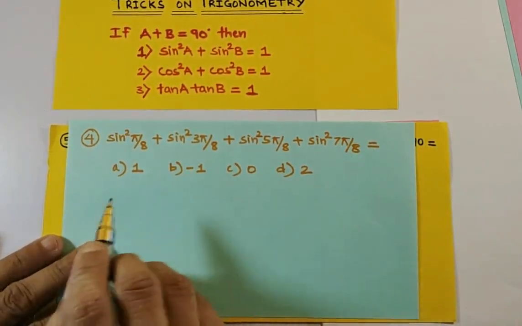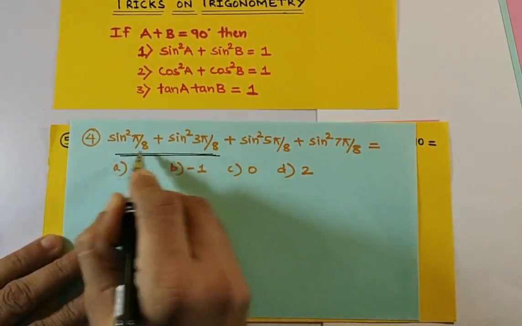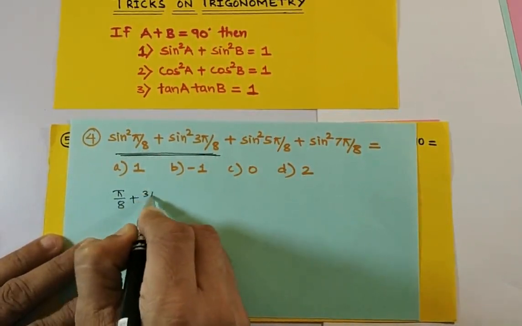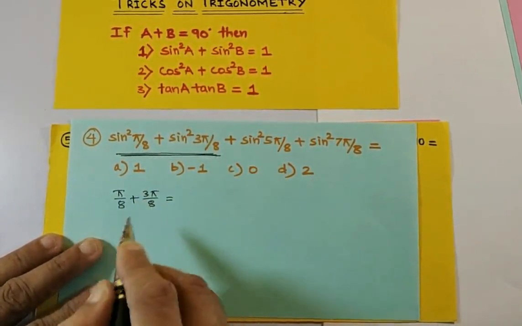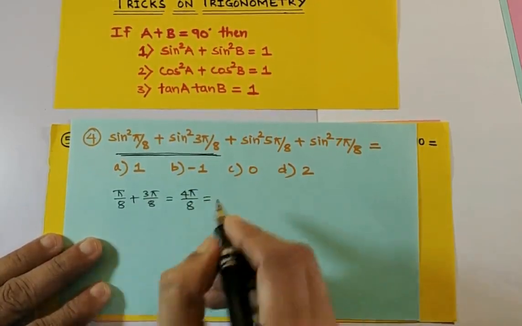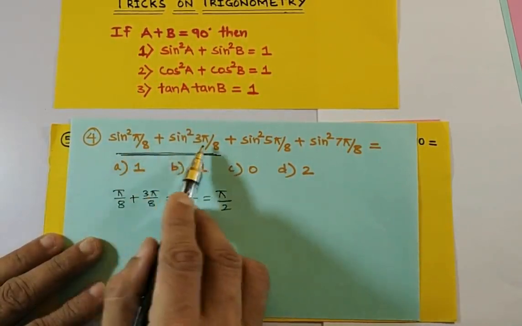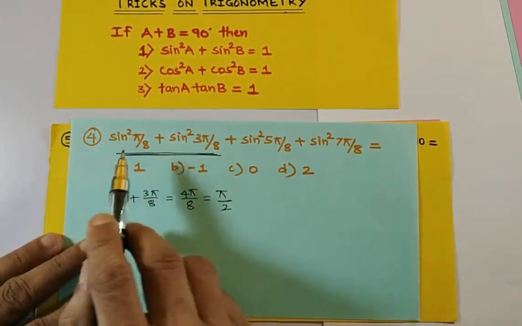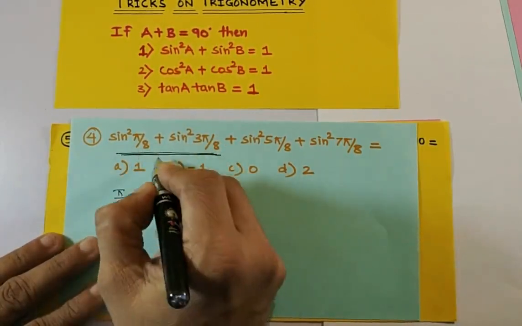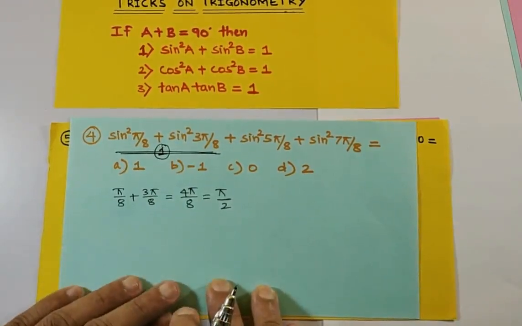Now if you observe, if you take these two terms and add these angles, pi by 8 plus 3 pi by 8, the LCM is the same, so you will have 4 pi by 8, that is nothing but pi by 2. So the sum of these two angles is 90. So sin square A plus sin square B is 1, you can apply. So the sum of these two is 1.